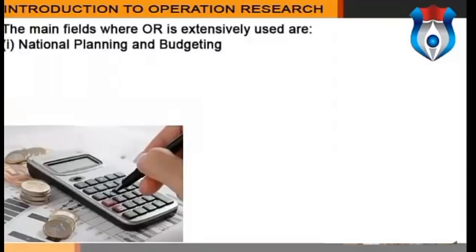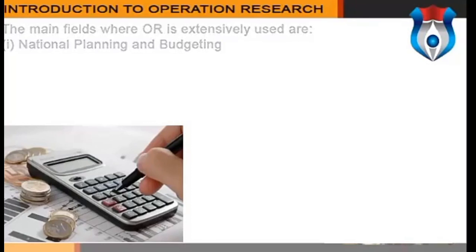The main fields where OR is extensively used are national planning and budgeting. OR is used for preparation of 5-year plans, annual budgets, forecasting of income and expenditure, scheduling of major projects of national importance, estimation of GNP, GDP, population, employment, and generation of agriculture yields, etc.